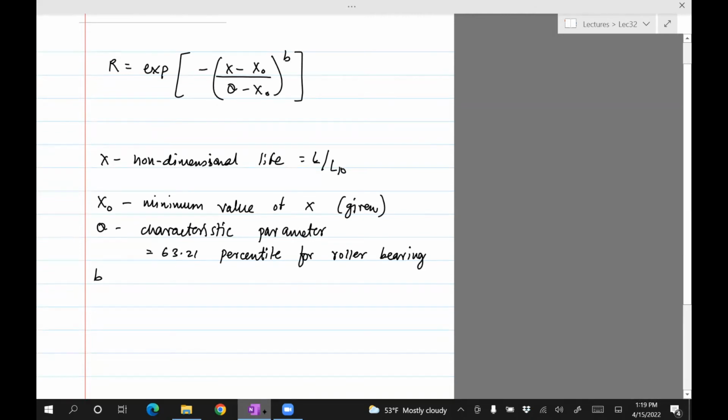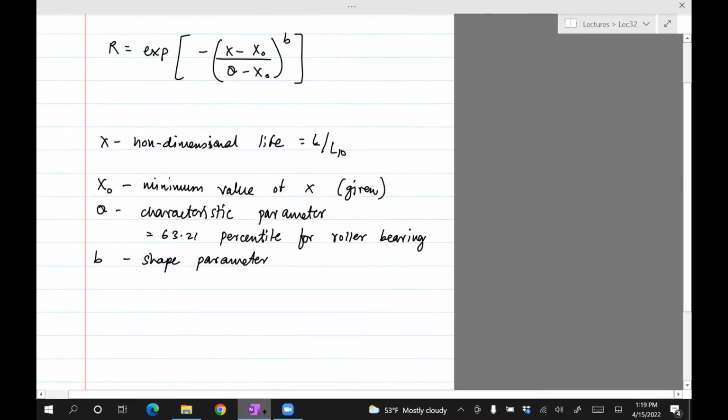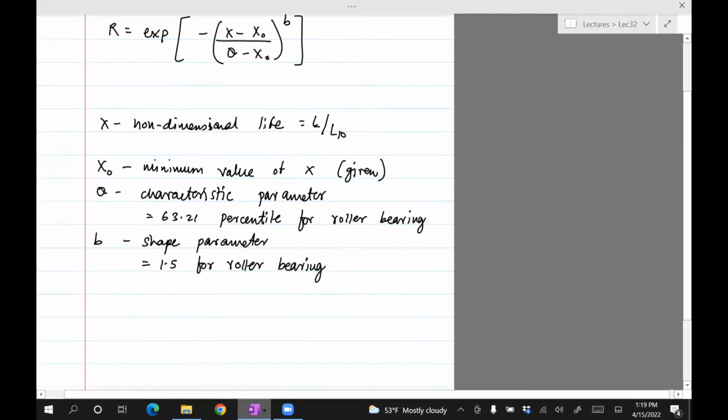And b is the shape parameter, which is 1.5 for roller bearing.